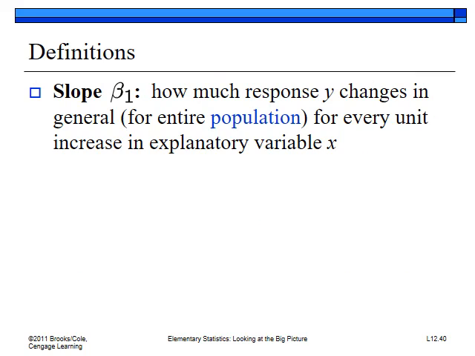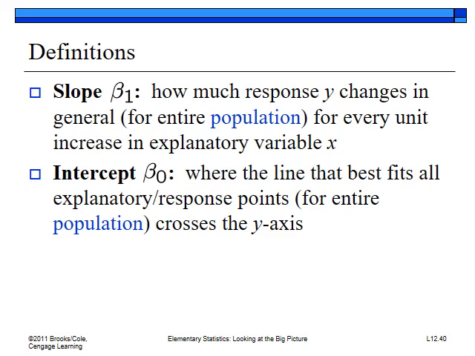As we move from a sample to a population, we can talk about the slope of the regression line in the population. Instead of using b1, we'll follow our previous convention and change that to beta 1. Similarly, we'll indicate the intercept of the regression within the population using beta naught or beta sub 0.